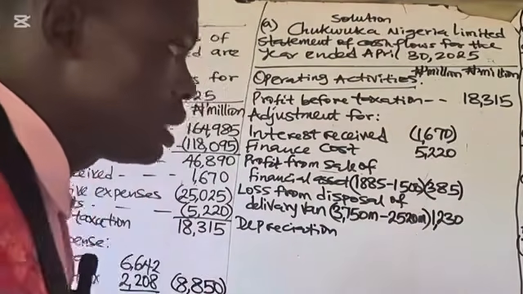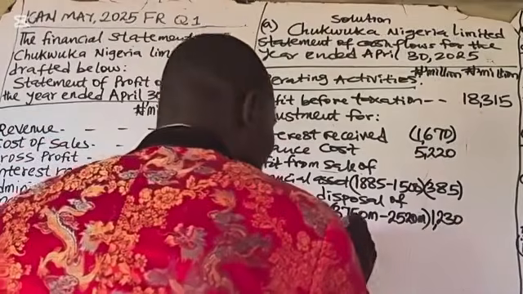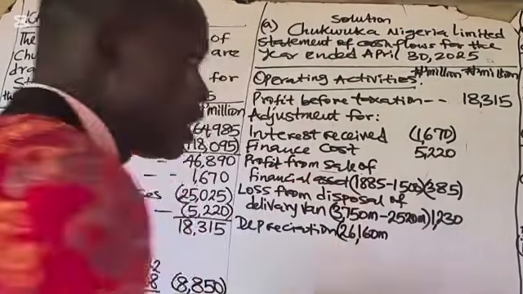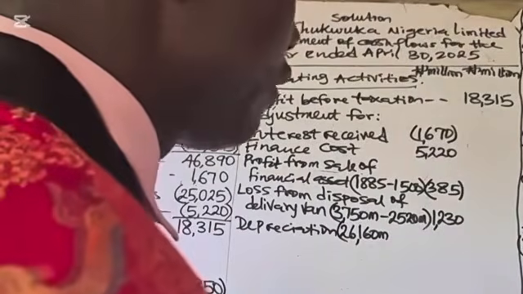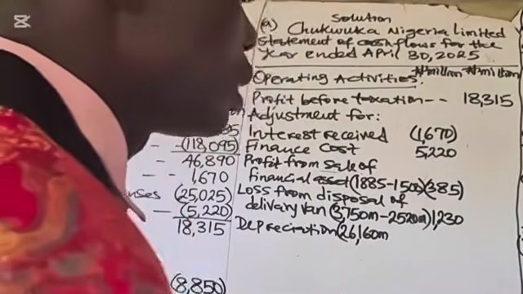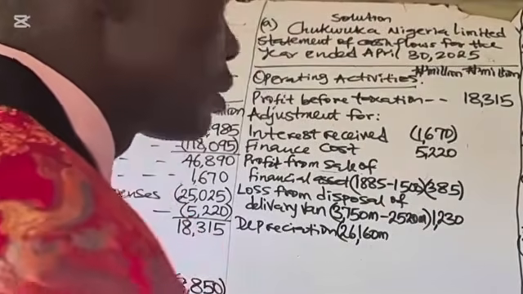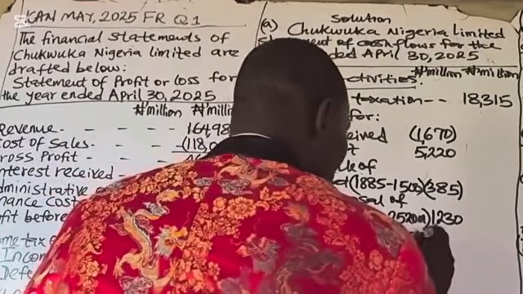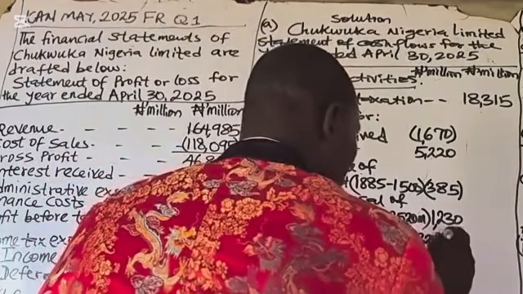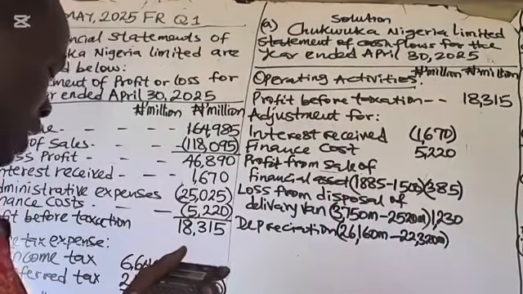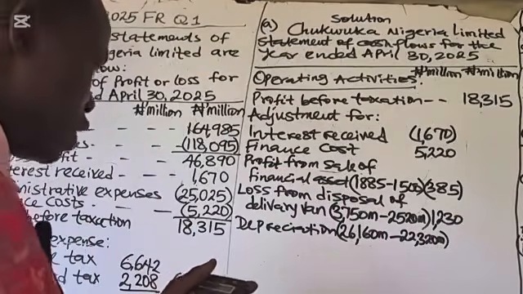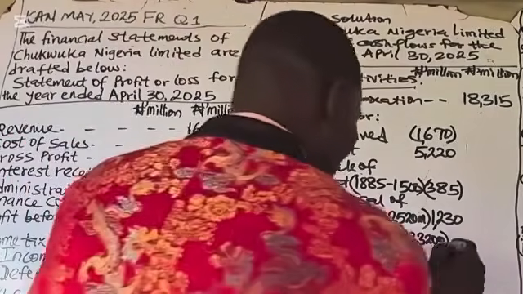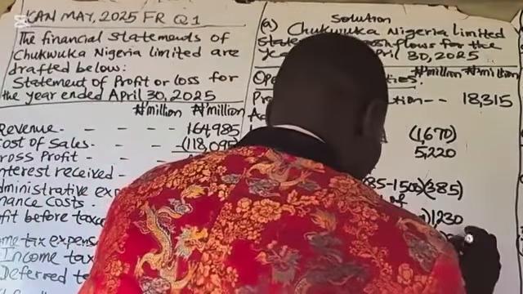The difference between the 2025 figure of 26 billion 160 million and that of 2024, 22 billion 320 million: 26,160 minus 22,320 gives 3 billion 840 million.